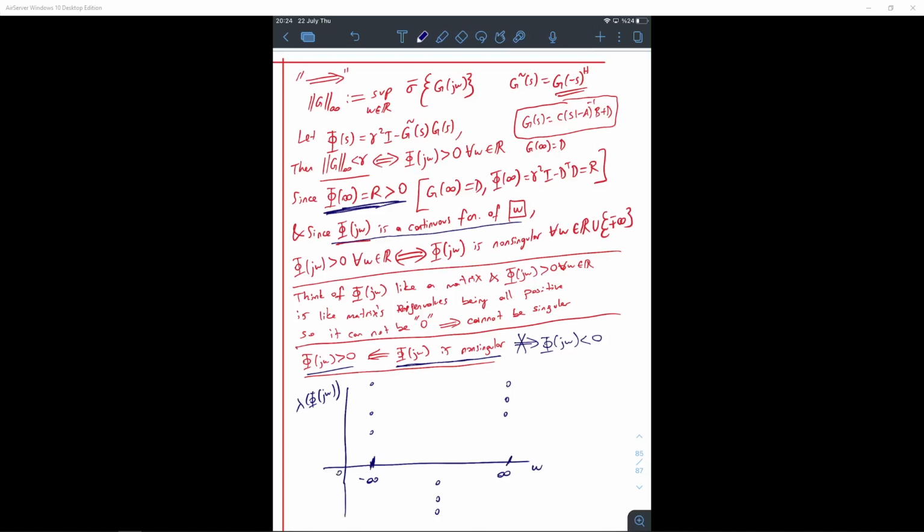Because let's say there is some omega 1, and here 3 eigenvalues. Let's consider there are 3 eigenvalues that are negative. That means, and since this is continuous, there will be some zero crossing, and this zero crossing is not allowed because it is non-singular. It's a contradiction, right?